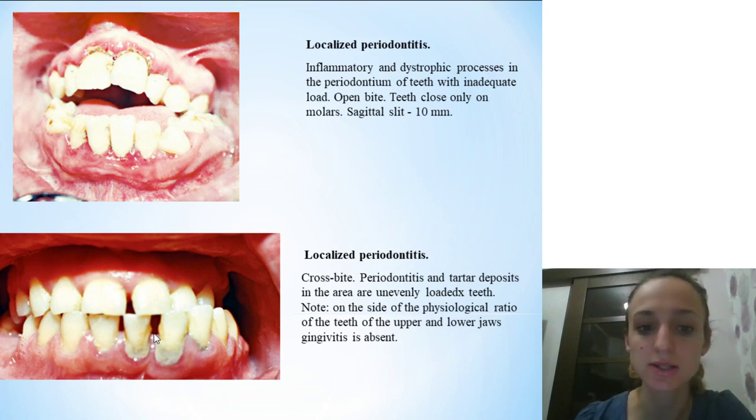And advanced study of periodontium includes the following stages.